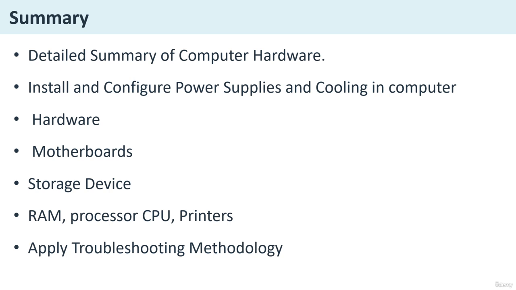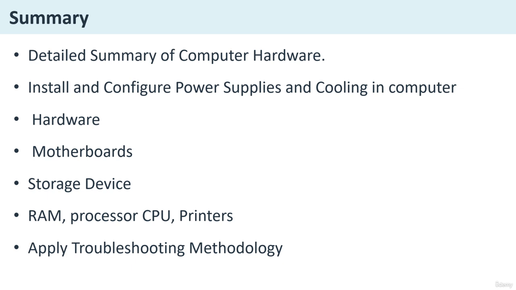Now, types of power supplies. There are different types of power supplies. Number one, ATX power supply. It is the most common type used in desktop computers. Number two, SFX power supply, that is a smaller form factor used in compact PCs.